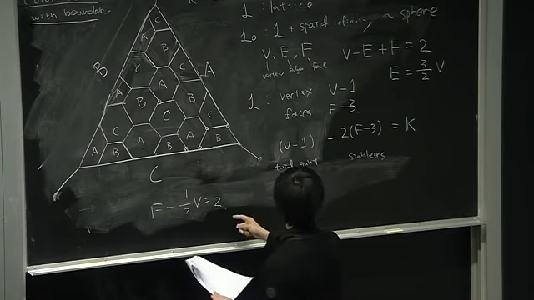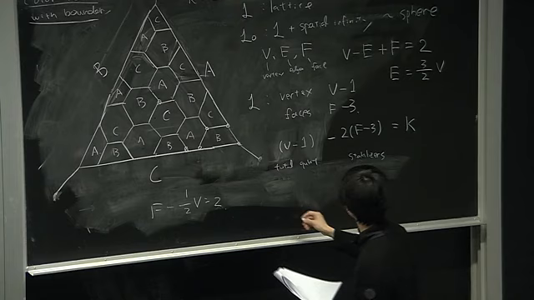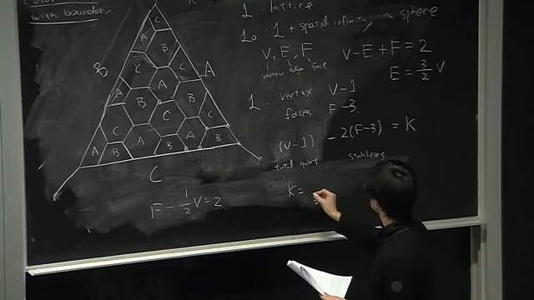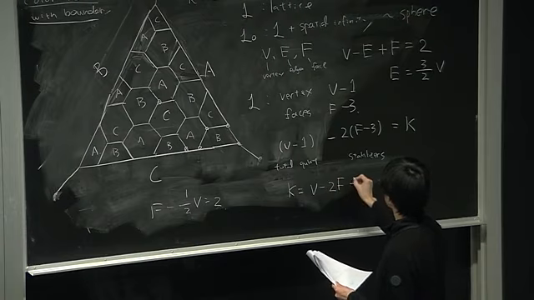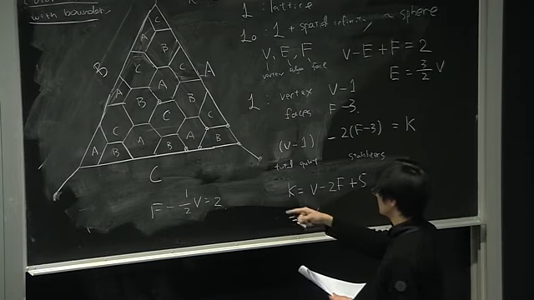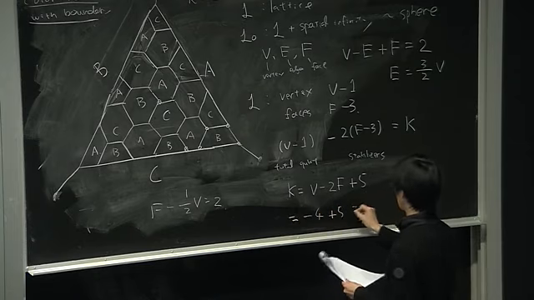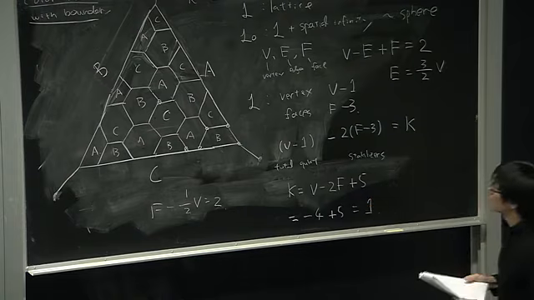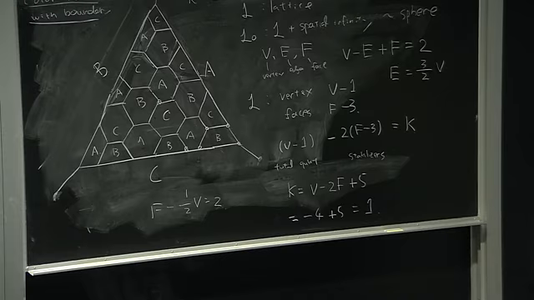Right, and we just plug this into this, and k equals v minus v plus 5, which is minus 4 plus 5, equal to 1. So you can see that this system has only 1 logical qubit.